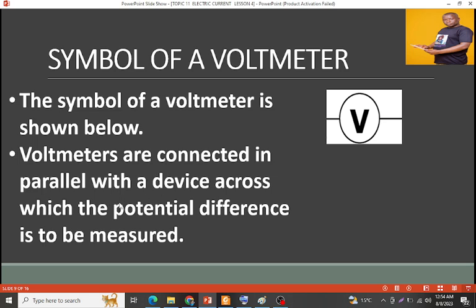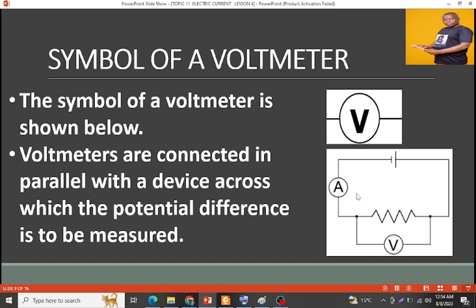So this is different from how an ammeter is connected. Remember that an ammeter is connected in series with the rest of the components, but a voltmeter is connected in parallel. So like this. An ammeter is in series, while a voltmeter is across this resistor.